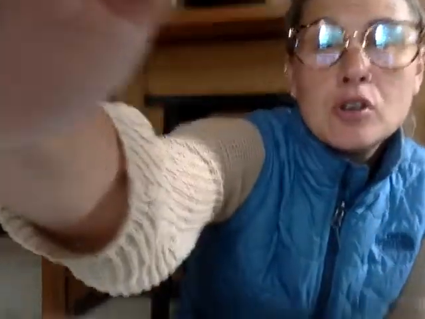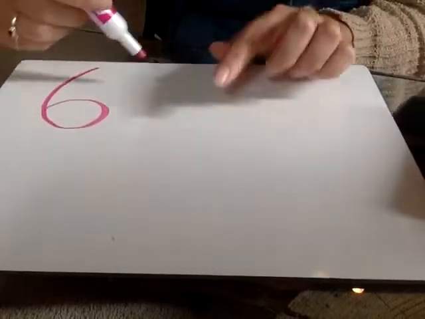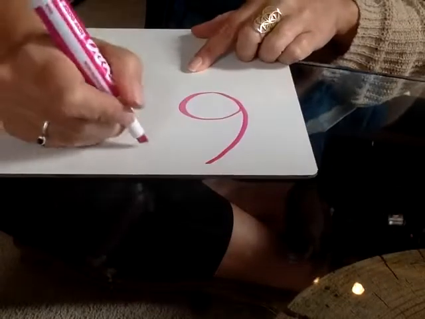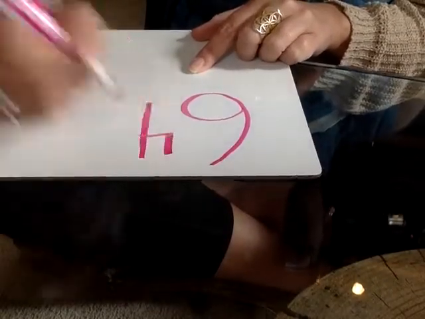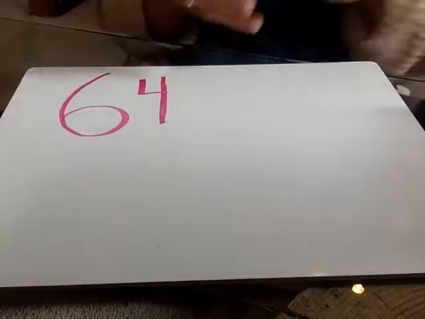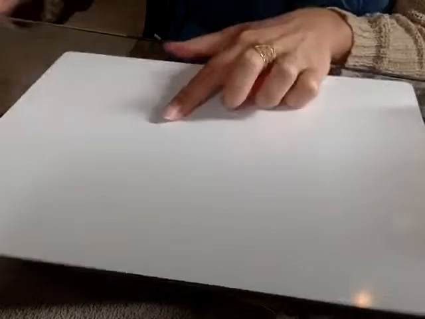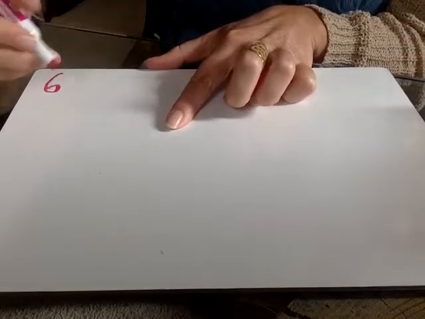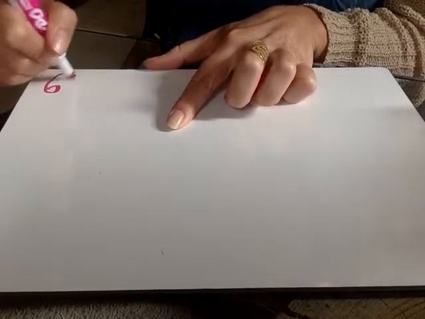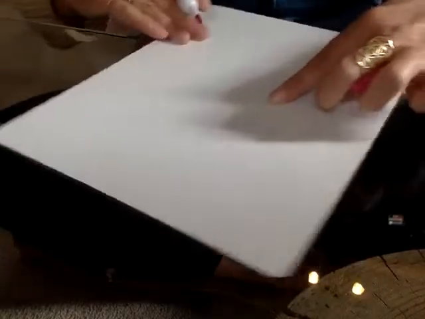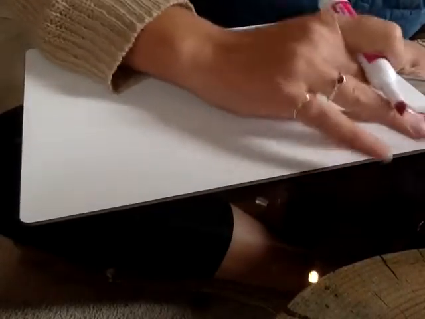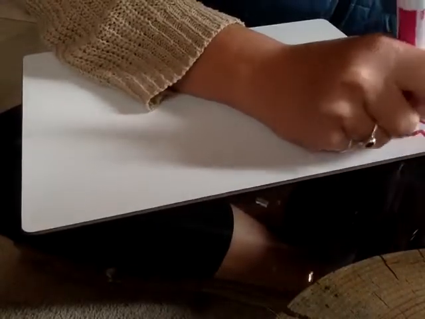So now I need to write the number 4. I don't know if I can do it upside down. Okay, and it's too big. So I'm going to erase it and try again because I need to write other things on here. I'm going to write it kind of small. 64. Backwards 4. Okay, 64 is the number.